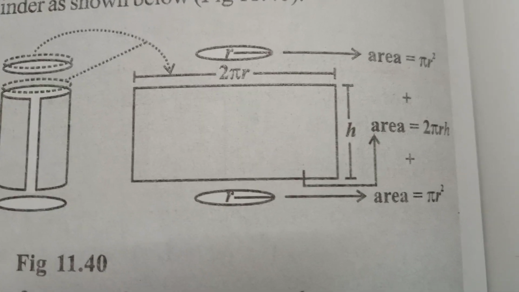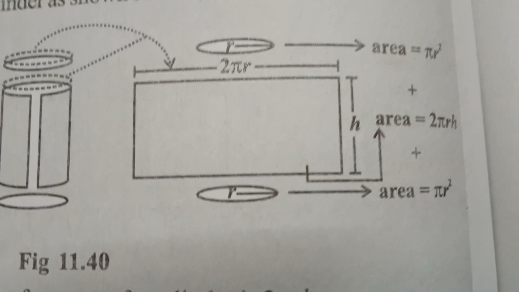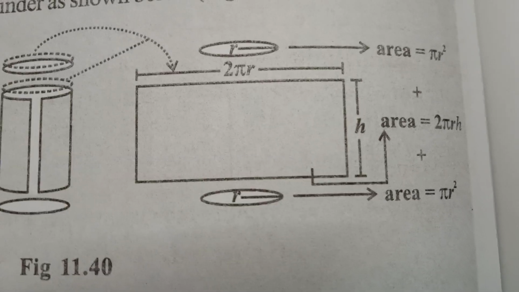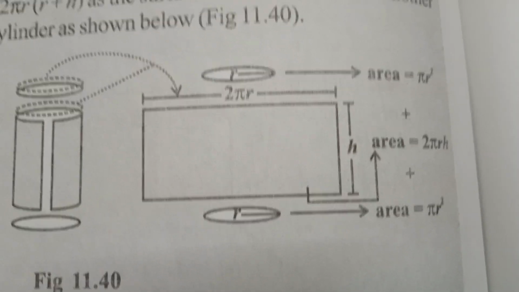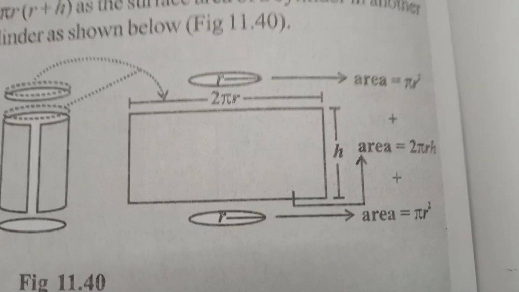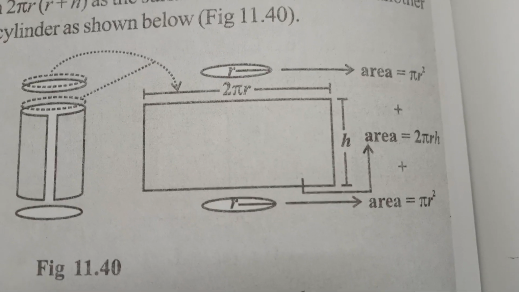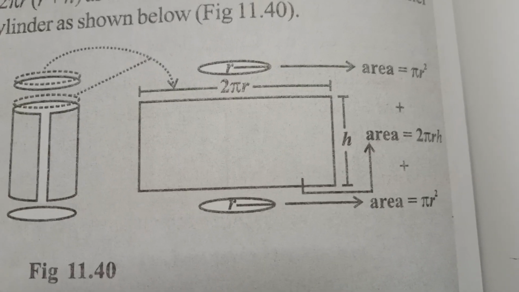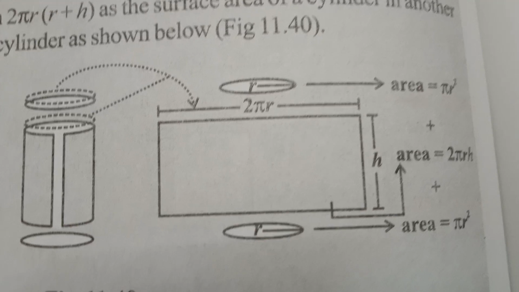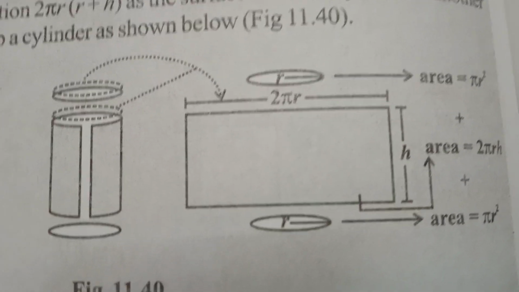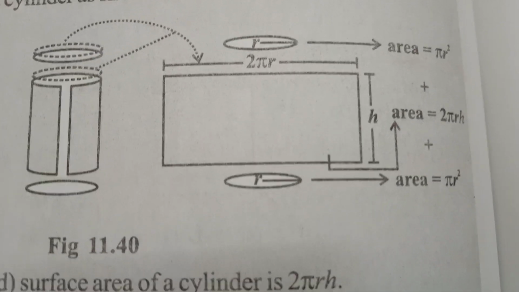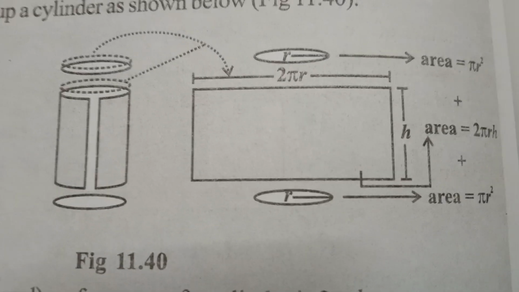So the area of the rectangular sheet is 2 pi r H. So the total area is the area of the circular top, pi r square, plus the area of the circular base at the bottom, pi r square, plus the area of the rectangular sheet, 2 pi r H. 2 pi r is the circumference of the circle.